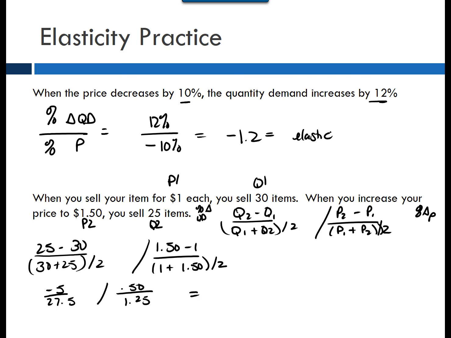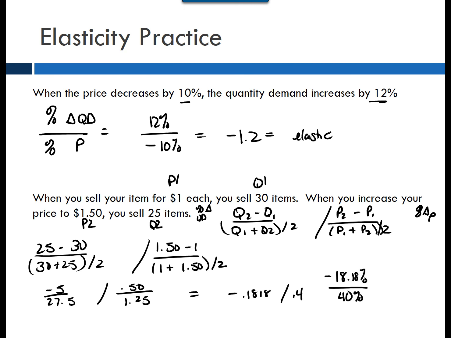So what we get here is 5 divided by 27.5, which gives me negative 0.1818, over 0.4. So when I increase my price by 40%, 40, not 4, that caused my quantity to decrease by 18.18%.